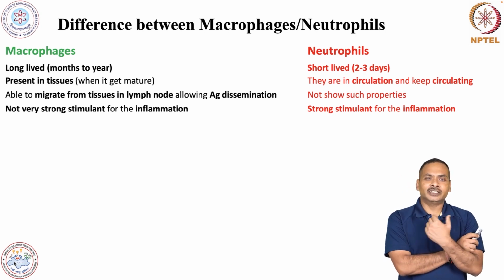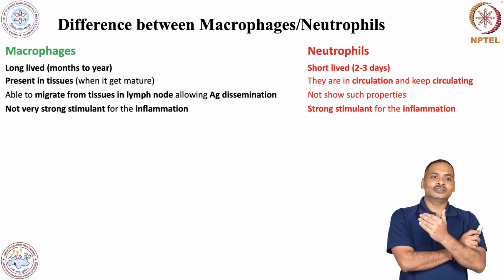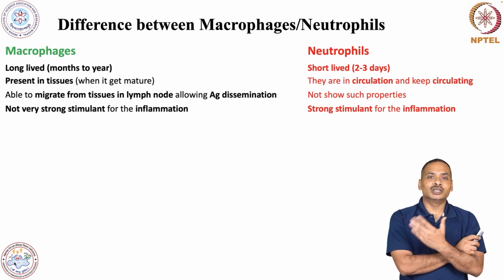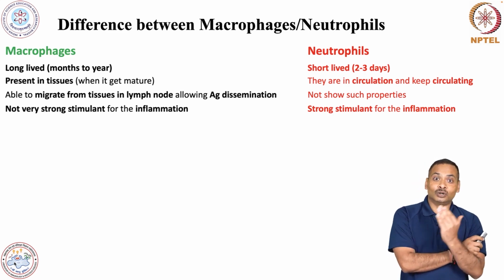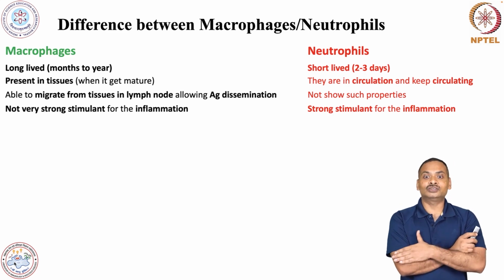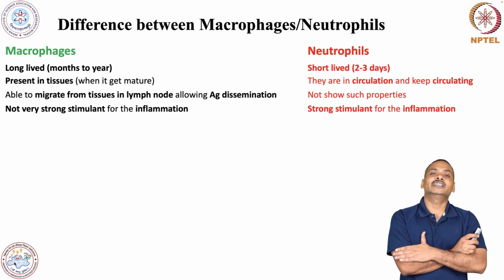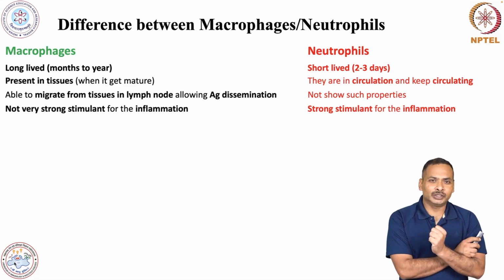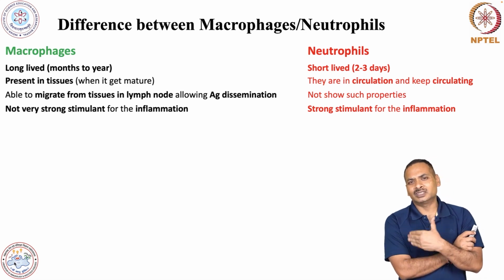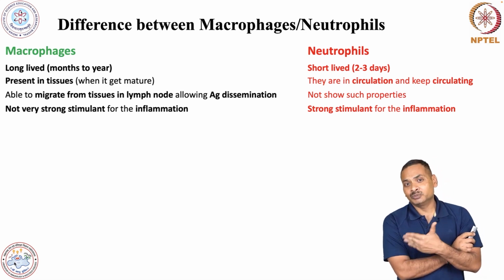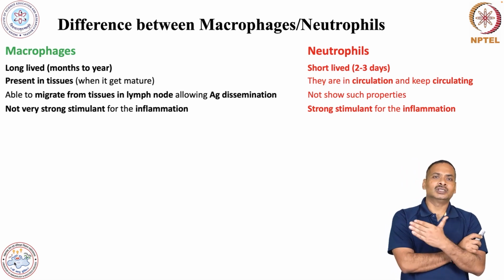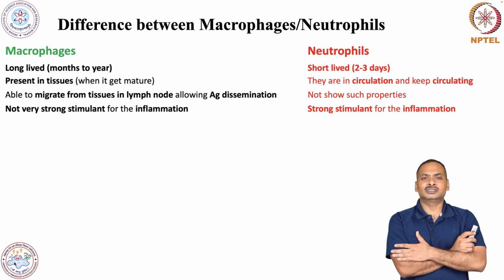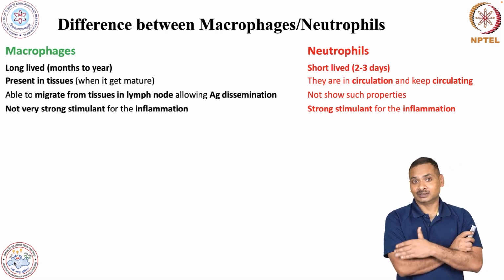They do induce inflammation, but they are not a very strong stimulant for it. On the other hand, neutrophils are a very strong stimulant for inflammation. They induce the innate immune cytokines quite aggressively, which we will see when we discuss cytokines.